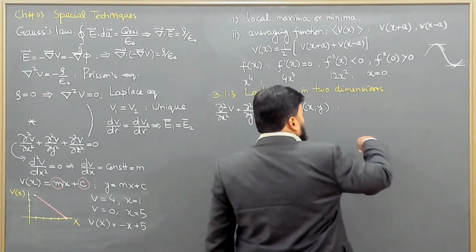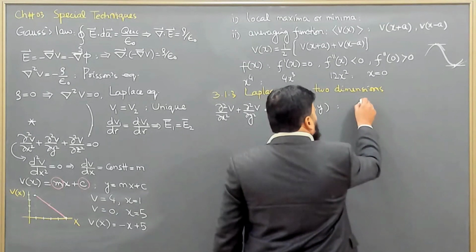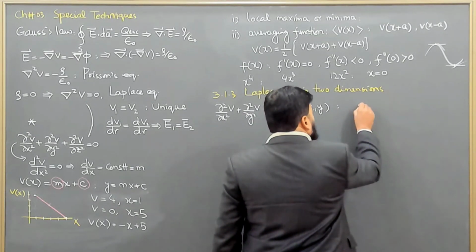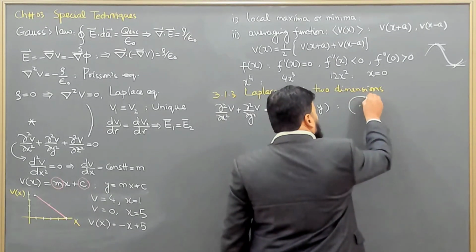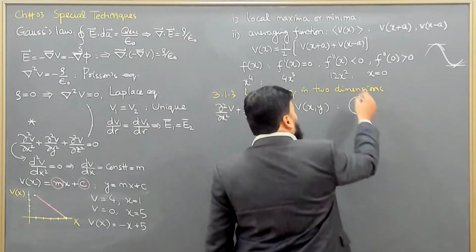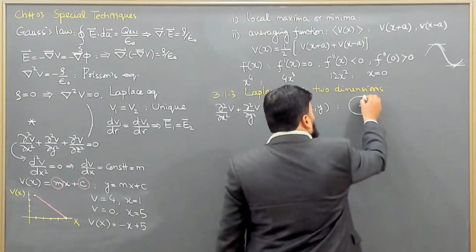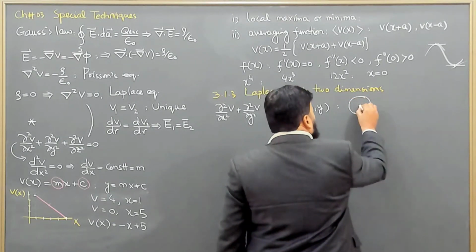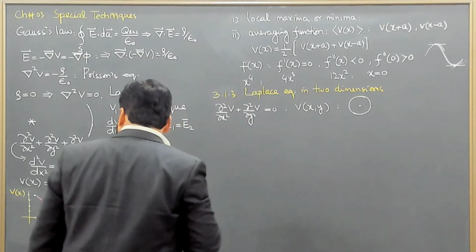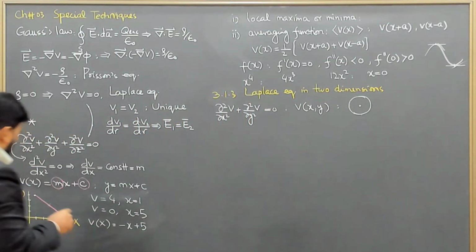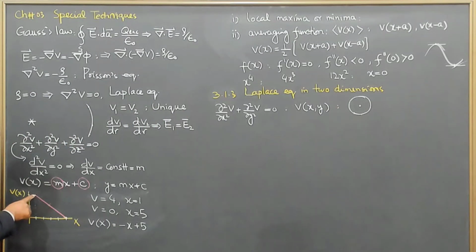in a given area. For example, we consider a point here and then consider a circle around it. A circle is basically a surface. In one dimension, the endpoints were here and the average value was at the midpoint.